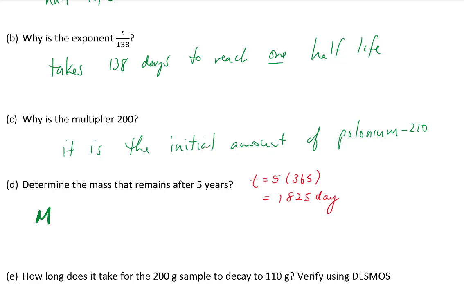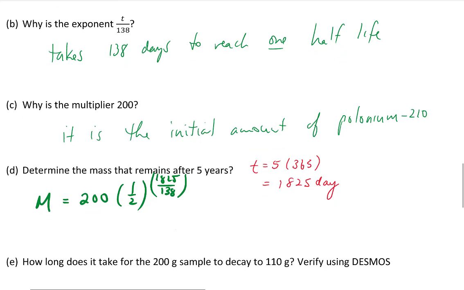So therefore, the mass of our polonium is 200, that's what we started with, times 1/2 to the exponent of 1825 divided by 138. I would recommend you put that in brackets.